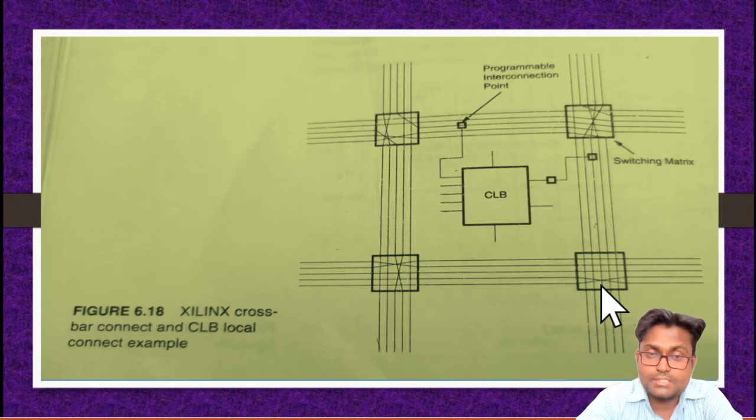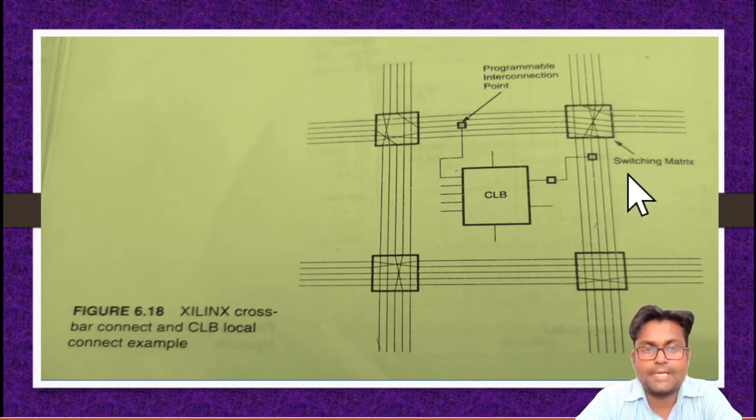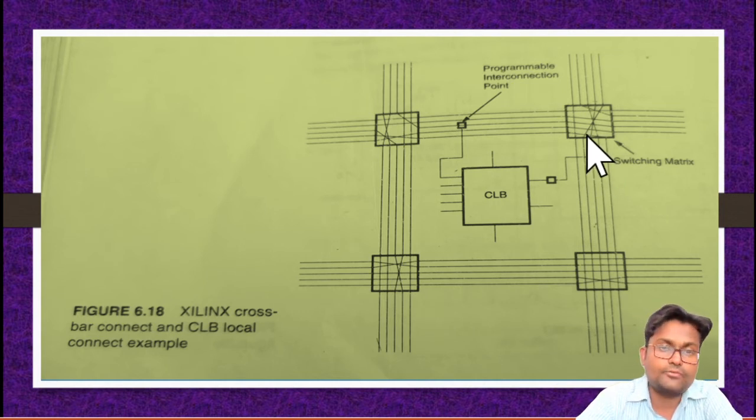The switching matrix is responsible for connecting the vertical line with the horizontal line. And which path needs to be connected and which path should be avoided for the connection, we can decide by using the programmable interconnection point.